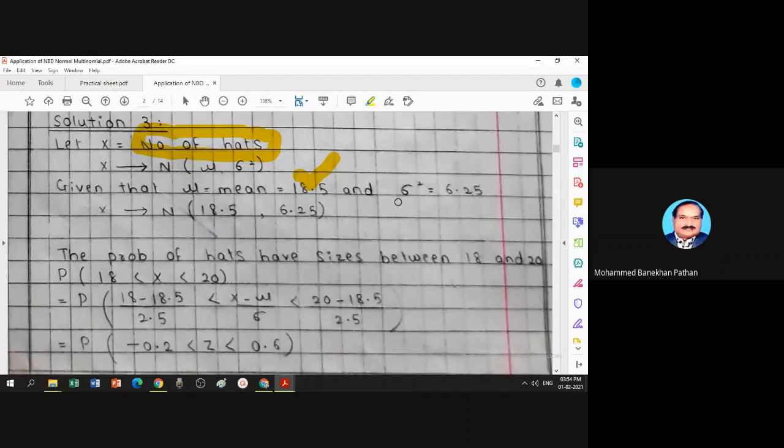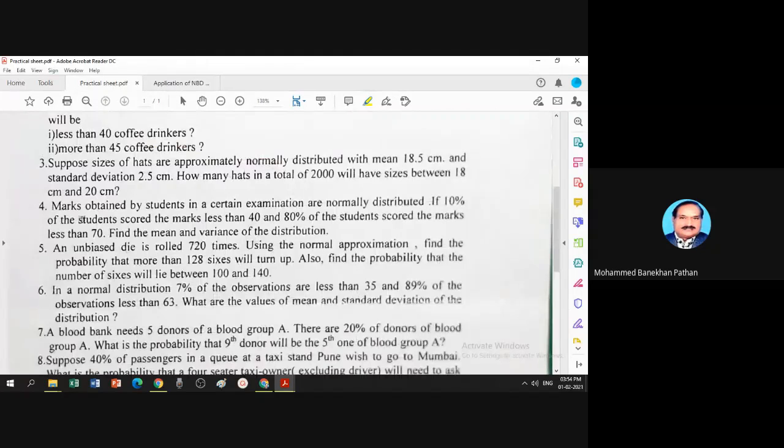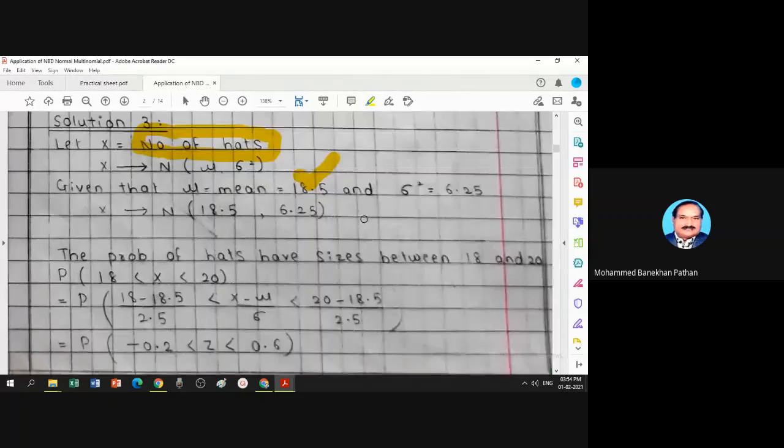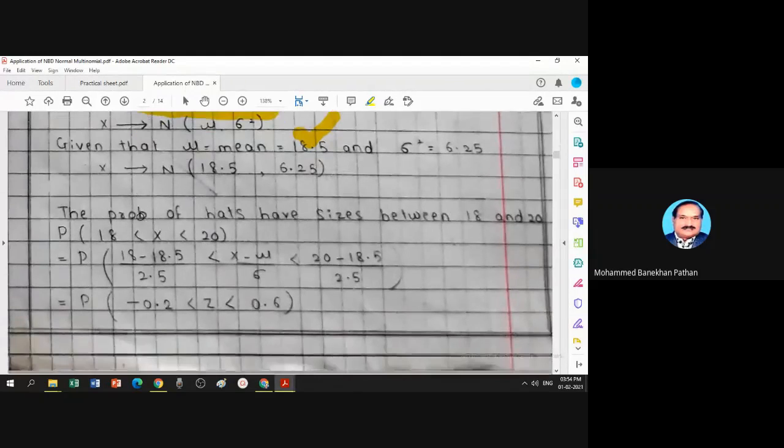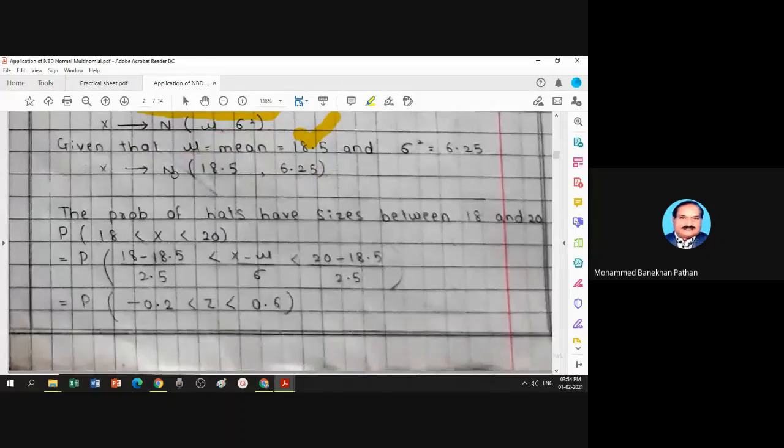Sigma square is the variance, and in the question it is given that standard deviation is 2.5. So I write sigma square as 2.5 square. Therefore, X follows normal 18.5, comma 6.25.